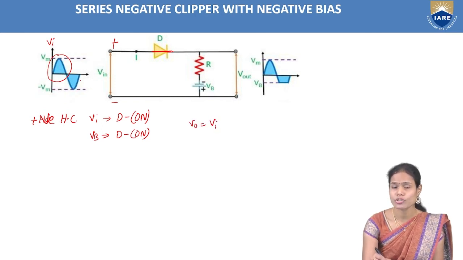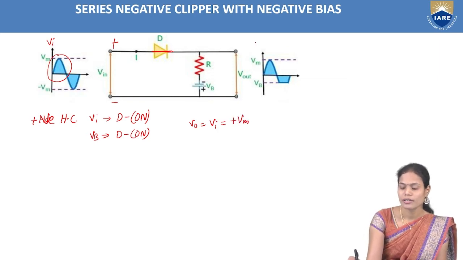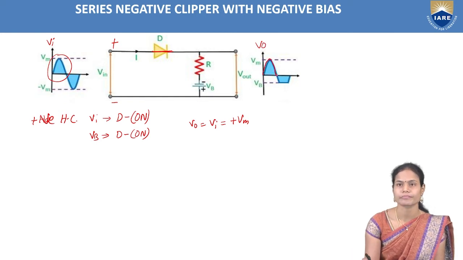How much input voltage you provide, that much appears across the resistor. Vi is plus Vm here, so for the positive half cycle we get the output as plus Vm.